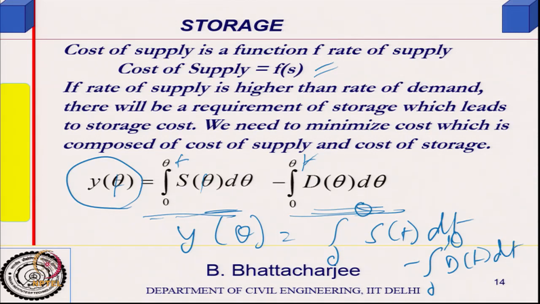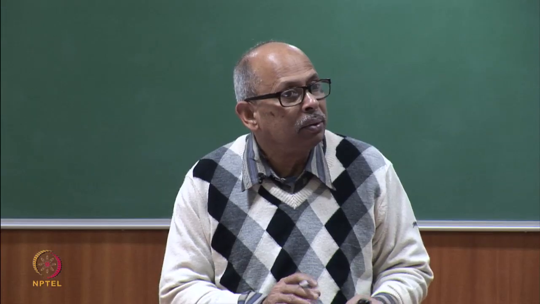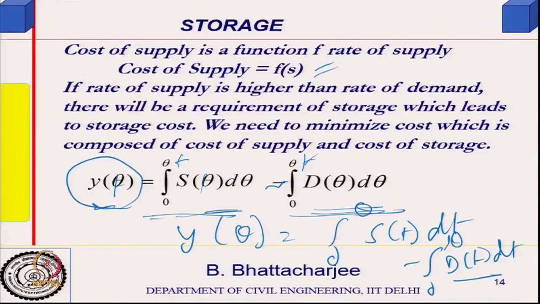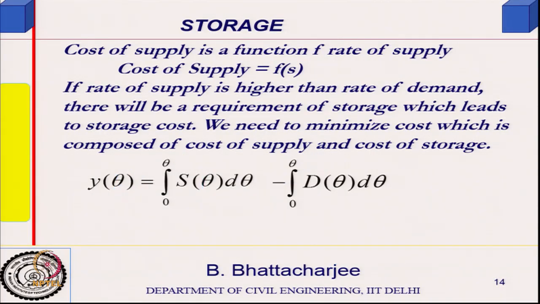If this is bigger and this is smaller, in that case you must store it to maintain the requirement of demand. So, y theta is basically the storage.